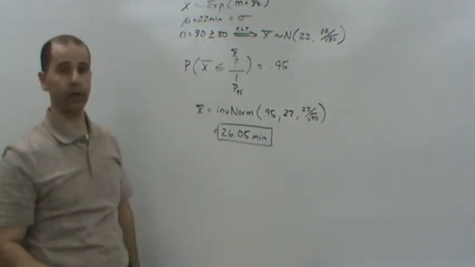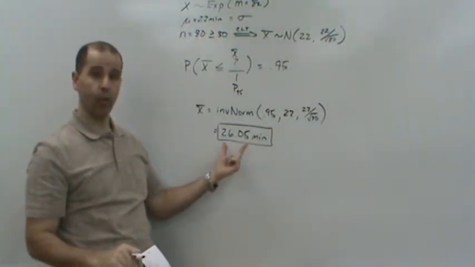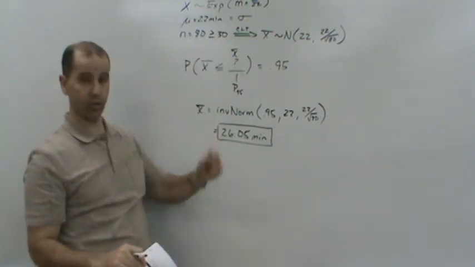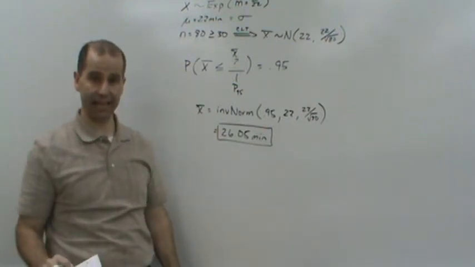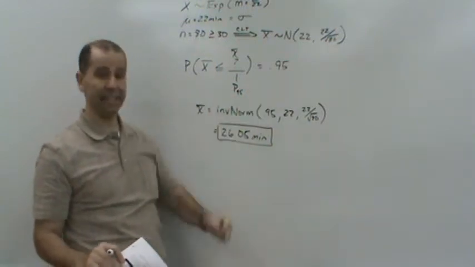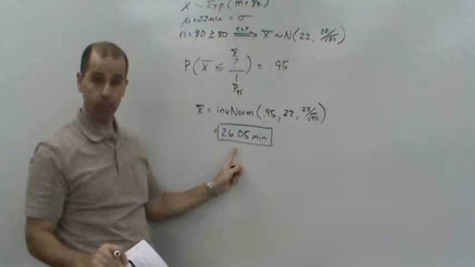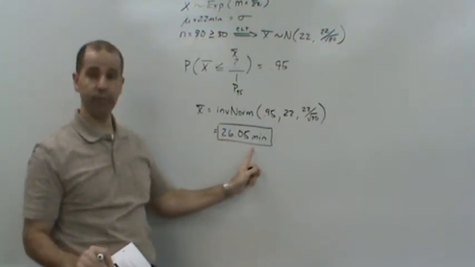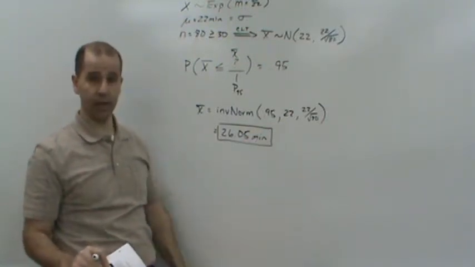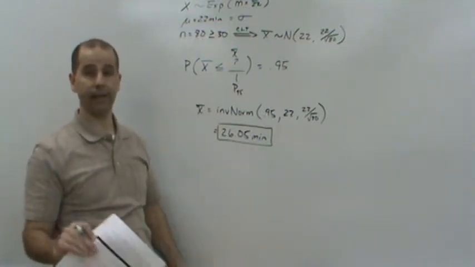Well, we're talking about x bar, so what this percentile means is that if we took all of the possible samples of size 80 that we could get from this population, we know that 95% of those samples will have a mean time of 26.05 minutes or less. Okay? And then also 5% of those samples will have averages that are greater than this. And that's what it means.